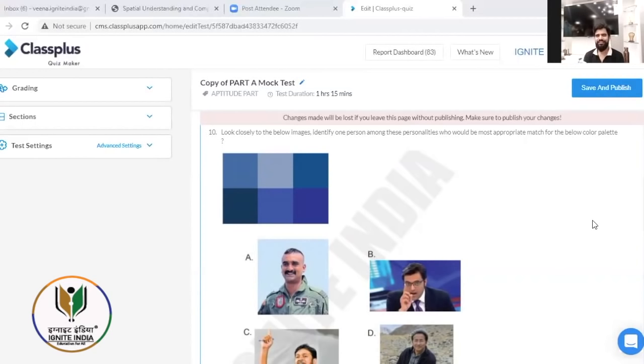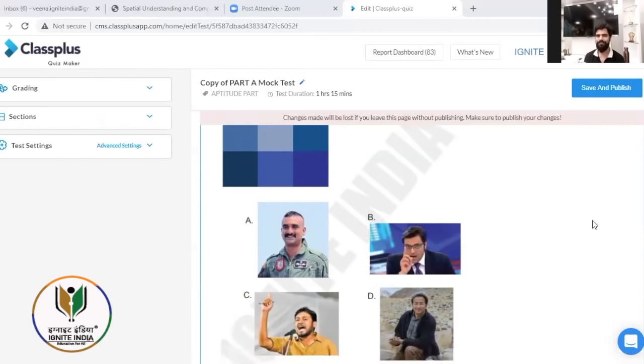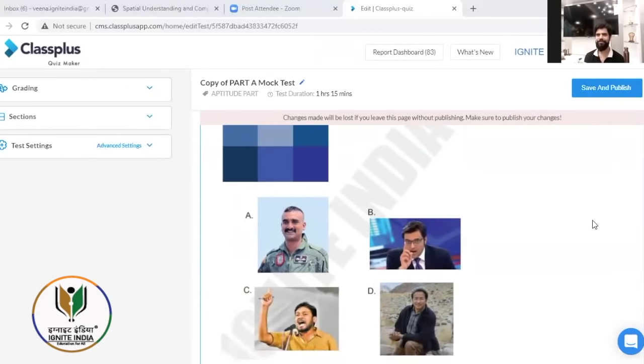We see this color in many banks, many insurance companies, sky, water, sea, no limit, courage, guts. So if you count all this, out of these 4 personalities, you will all say option number 1.